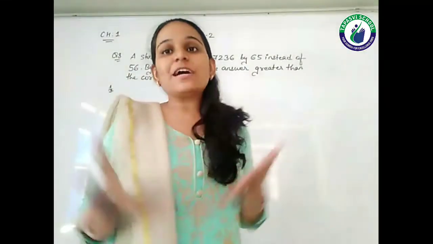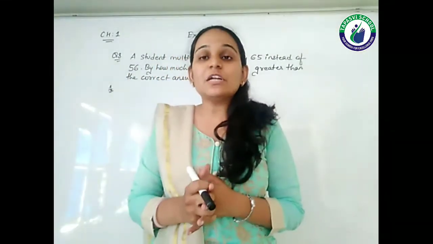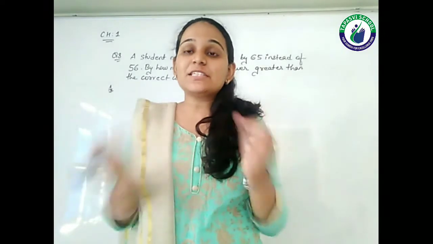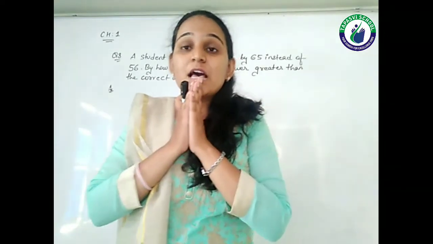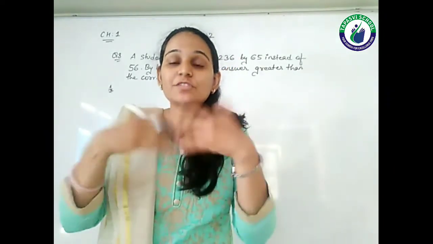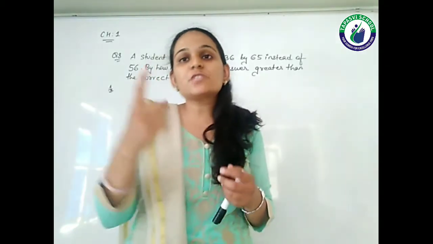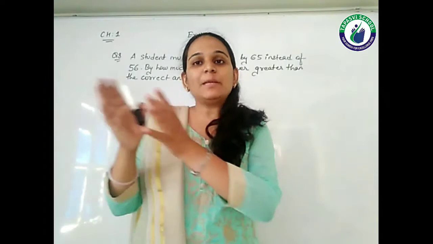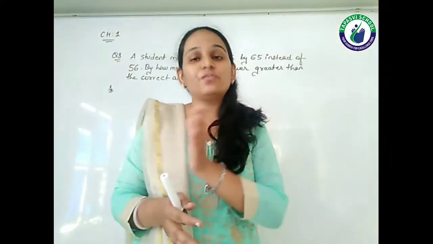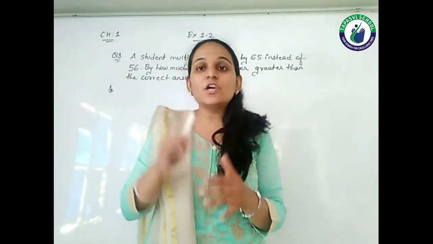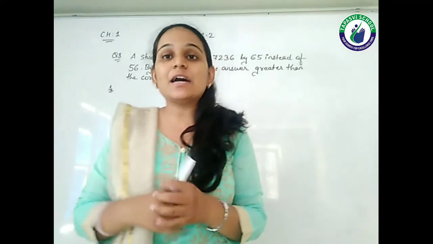Generally, if someone asks you this, what you do is first multiply by 65, then you think that your answer is wrong. Then you start multiplying by 56, then you see the difference, right? So this is one approach: first you multiply by 65, then you multiply by 56, then subtract to see how much difference there is between the answers.